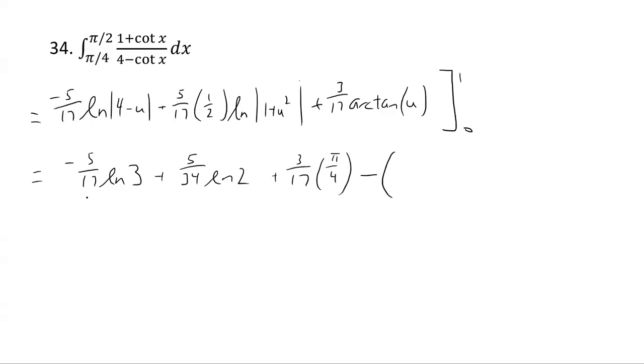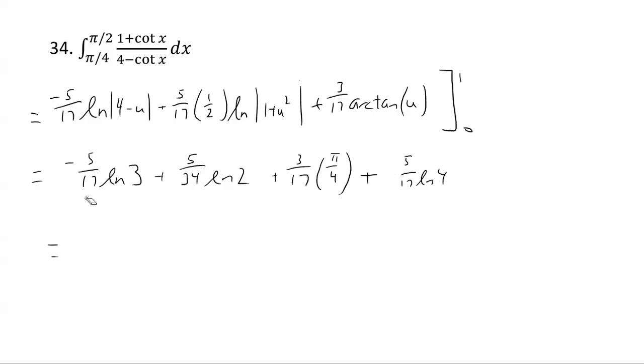Minus, plug in the lower bound, minus 5 over 17 ln of 4. Next term would be ln of 1, which is 0, times all of those constants is 0. And the arctangent of 0 is 0. So that's that. And then this becomes a plus. So then I think that's all we can simplify, actually.